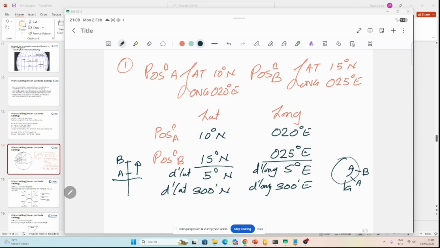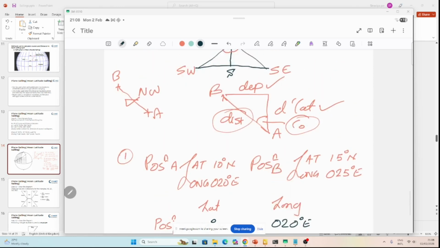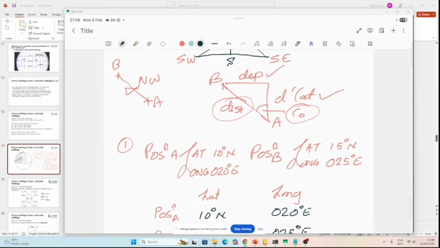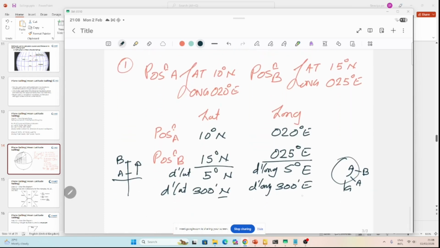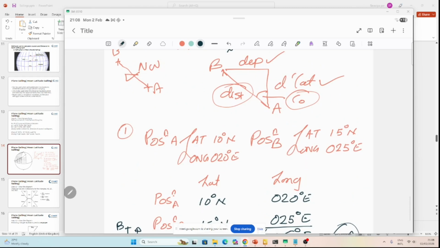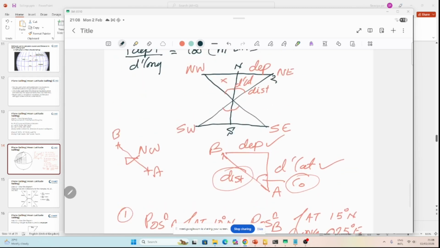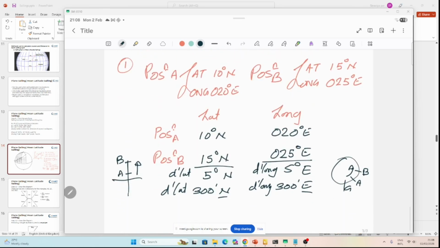Now it's very easy to draw the triangle. It's going to be one of this triangle, and you can see you are moving towards north and east. So the triangle is going to be this triangle. Northeast triangle is this.